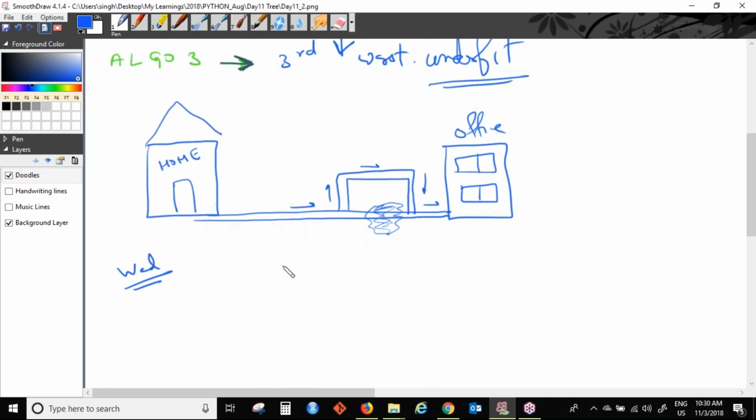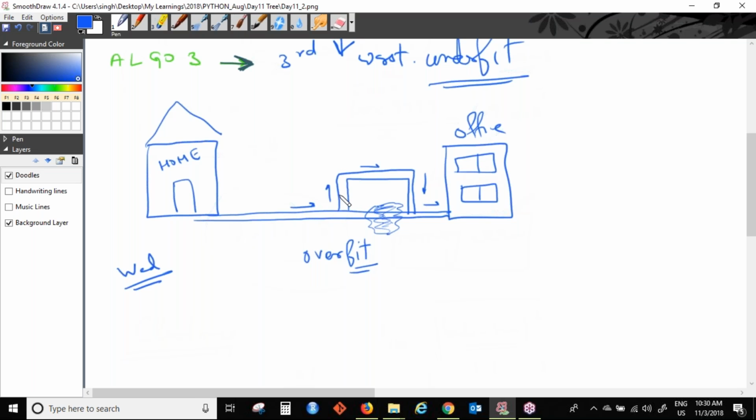Now if you have an overfit model, what it will do is predict that every Wednesday you should take this path, because it has memorized the data. It has overly complicated the pattern. See, it rained on a Wednesday. That is why you took this path, not because it was a Wednesday. But an overly complex model will memorize that it is a Wednesday and you are taking this path.